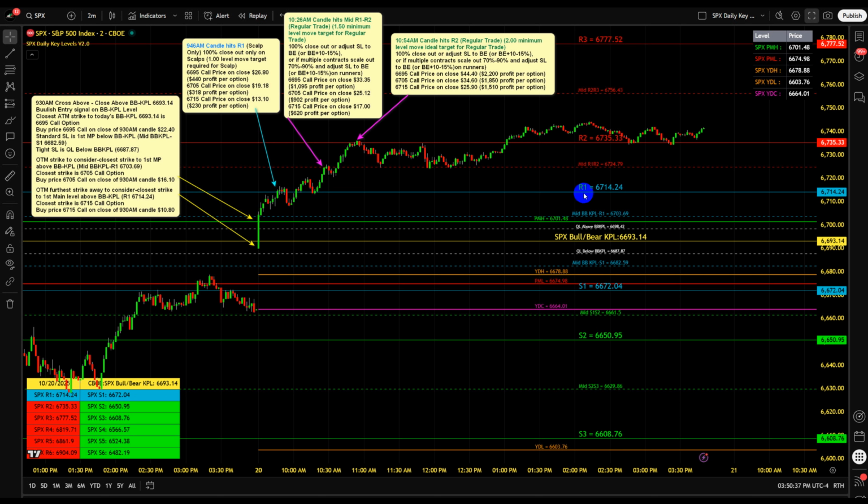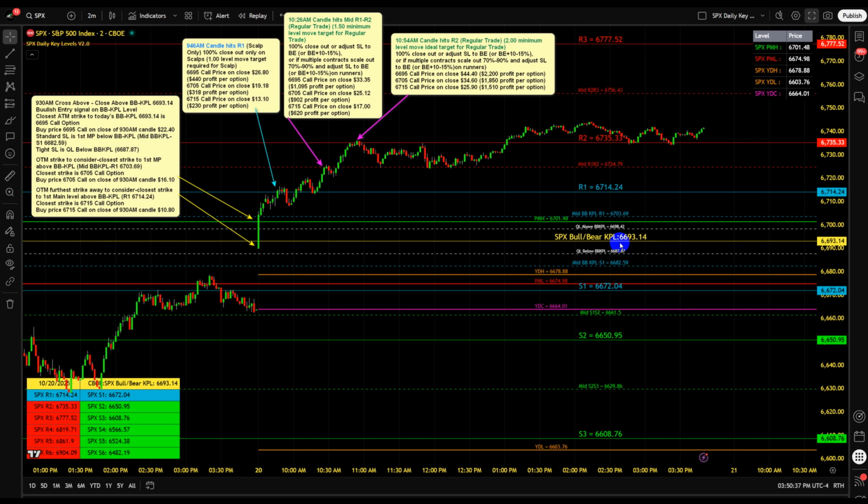The main, most important level for the trading session will be the indicator's SPX Bull Bear KPL, which stands for Key Price Level, which for today's session was 66.9314.